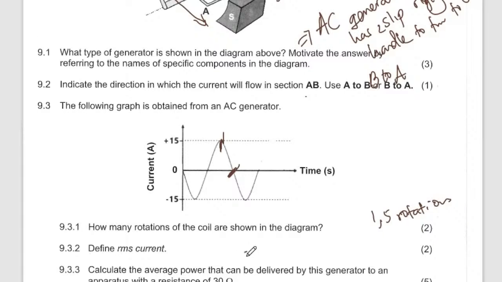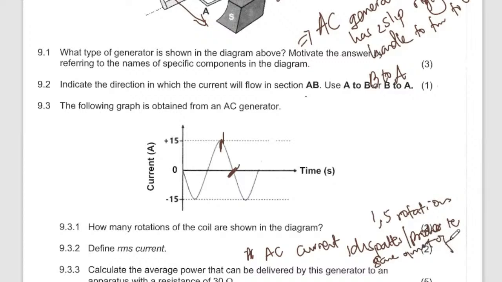This is the AC current which dissipates, or produces, the same amount of energy as the DC.